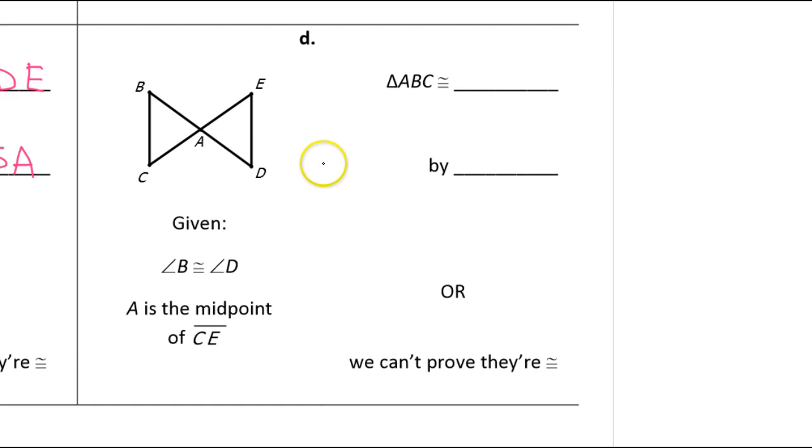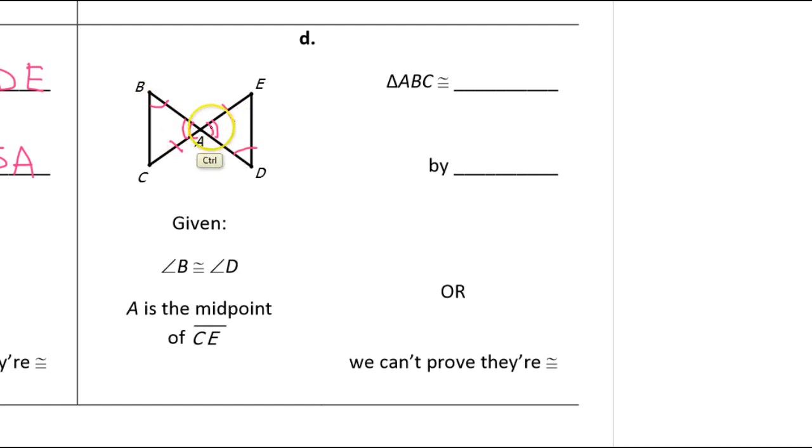This will be the last one on this video. We're given angle B is congruent to angle D. A is the midpoint of CE, that makes CA and EA congruent. And then again, we have the vertical angles that we can always mark.